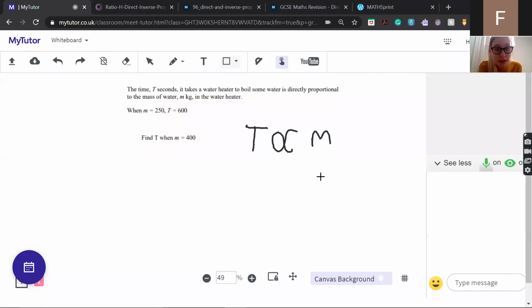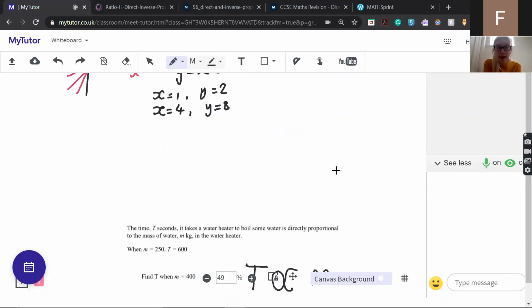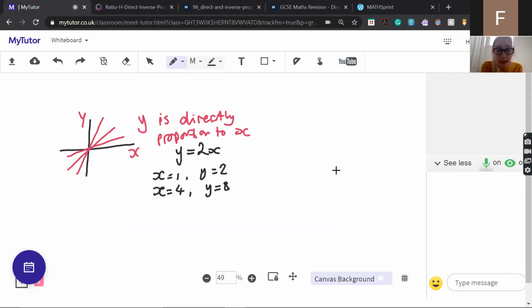Directly proportional to, with equals K. So it sounds a bit weird. I'll explain why. So T equals Km. Now all this is, when we were looking up here, it's just y equals Kx.